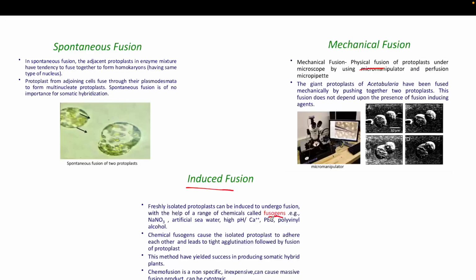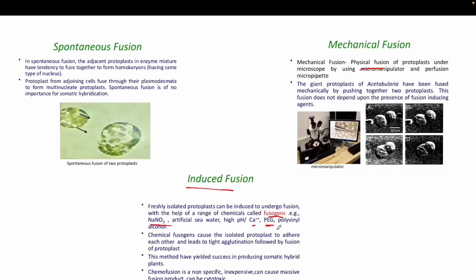From an exam point of view, it can be asked which fusogens are useful for protoplast fusion. The most common examples are sodium nitrate and PEG, and calcium as well. These three are the most important and most commonly used fusogens.